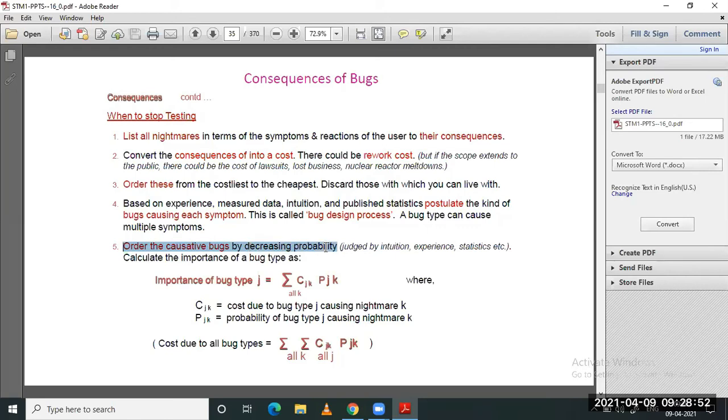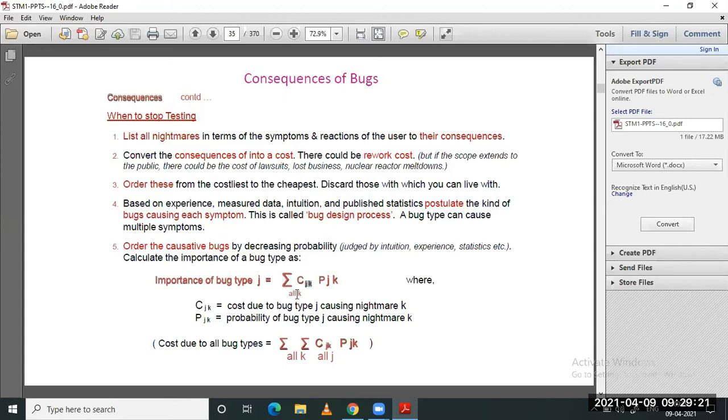by decreasing probability. How can we calculate the importance of a bug type? The importance of bug type j equals the sum over all k of C_jk times P_jk. C means cost, P means probability, and k ranges over all the nightmares. Here you list all the nightmares in the first step, and we call them k.